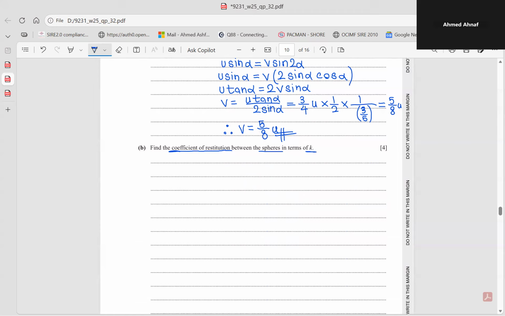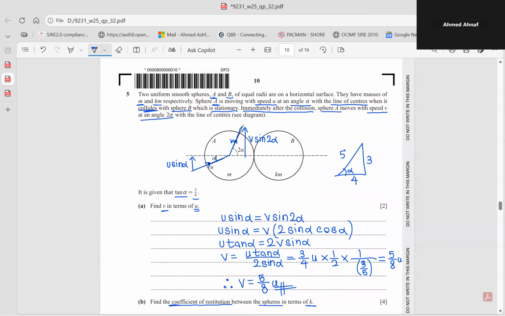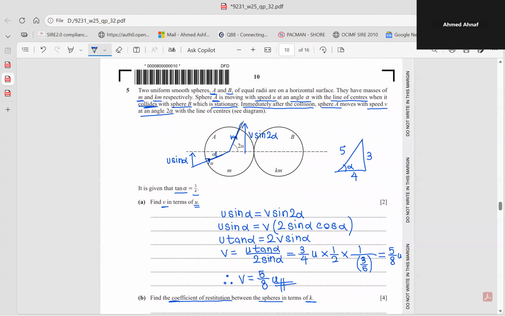To find that, we have to use the conservation of momentum first. Let's find the total initial momentum. For oblique collisions like these, we take the momentum with respect to the component of the velocity along the line of centers. Initially, since B is stationary, the momentum of B is zero, because momentum is mass times velocity.